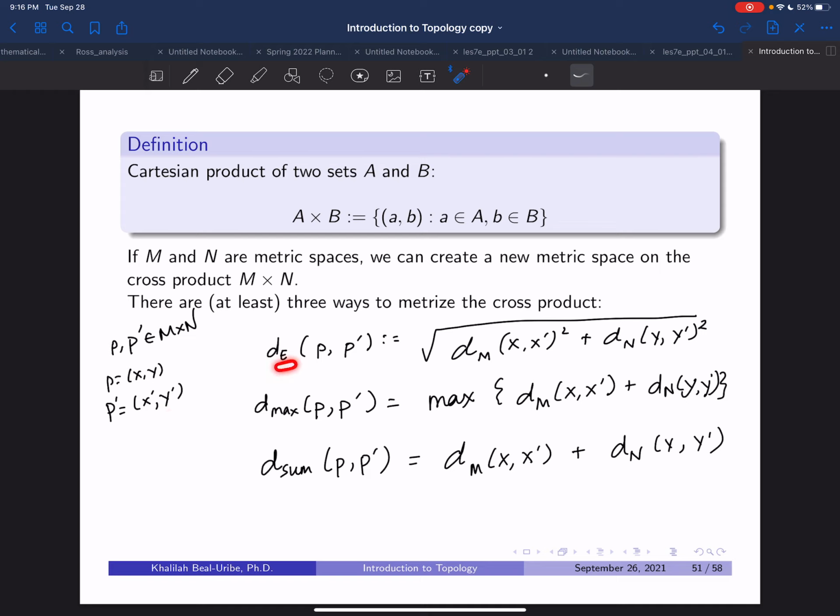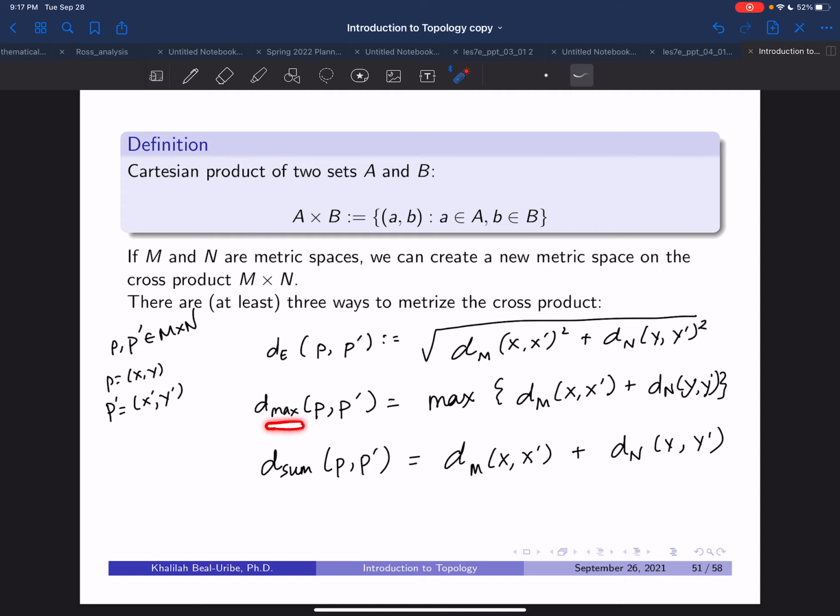The Euclidean distance would be to take the distance between X and X prime in M and square it, add it to the square of the distance between Y and Y prime in N, and then take the square root of all of that.